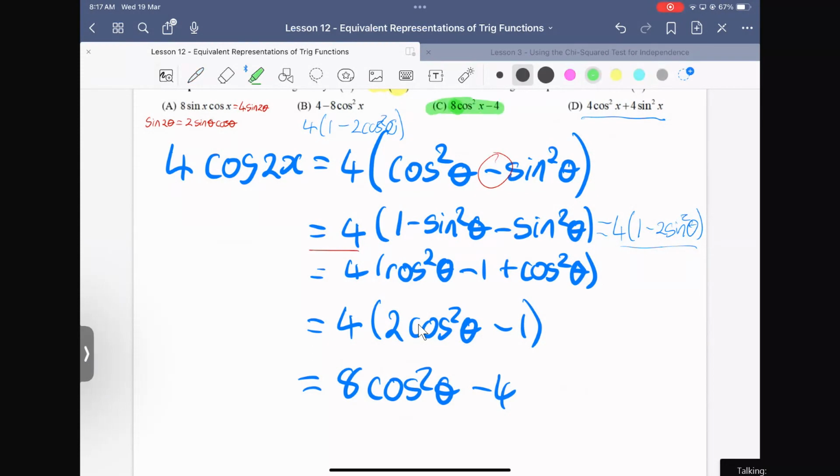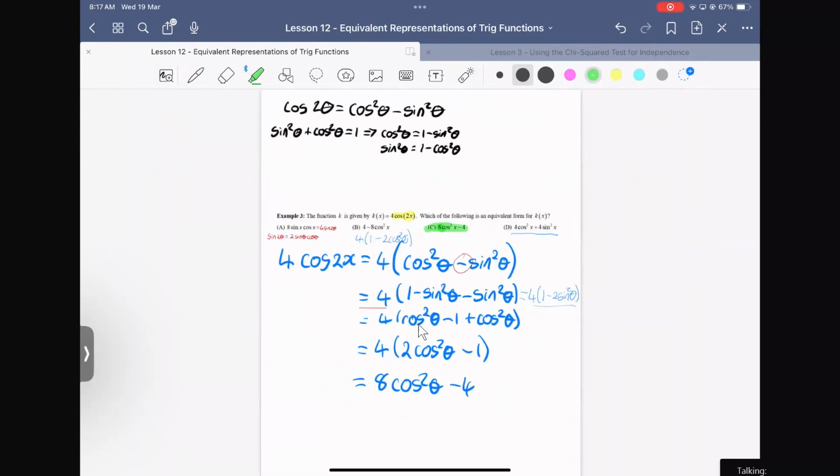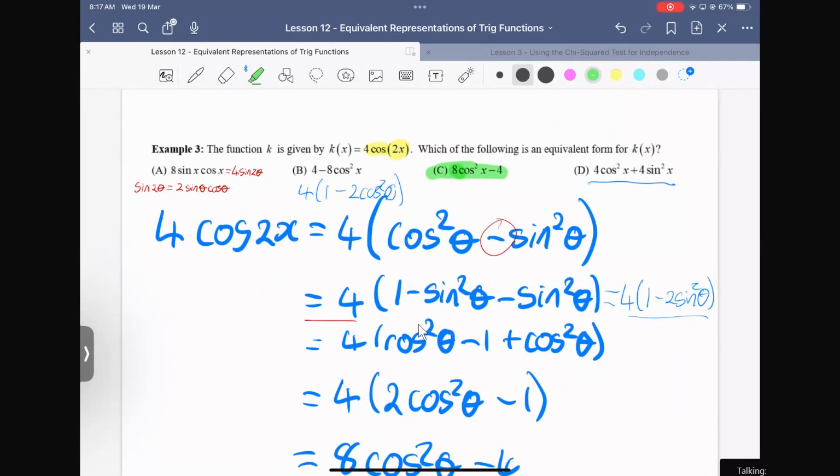This is the correct answer. But it's playing with all of the different formulas because they all look more or less right at first inspection. You have to be quite careful with these.